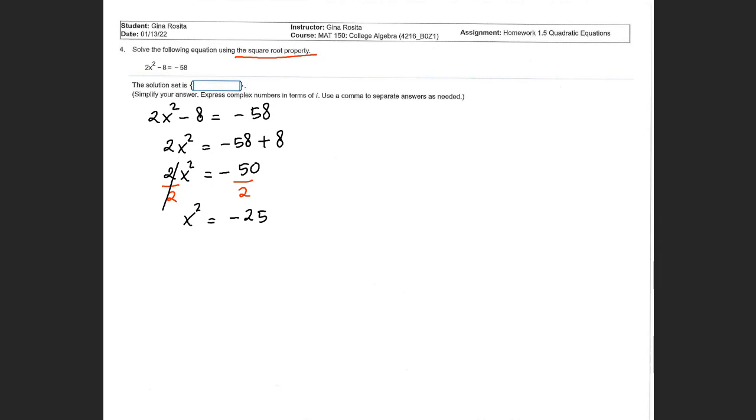Now I just copy this one first, write down. x squared equal negative 25. So I need square root both sides like this. Now because of this, we cancel this one. So the answer becomes x equal. Remember again about the formula: square root of negative b, the answer is i square root b.